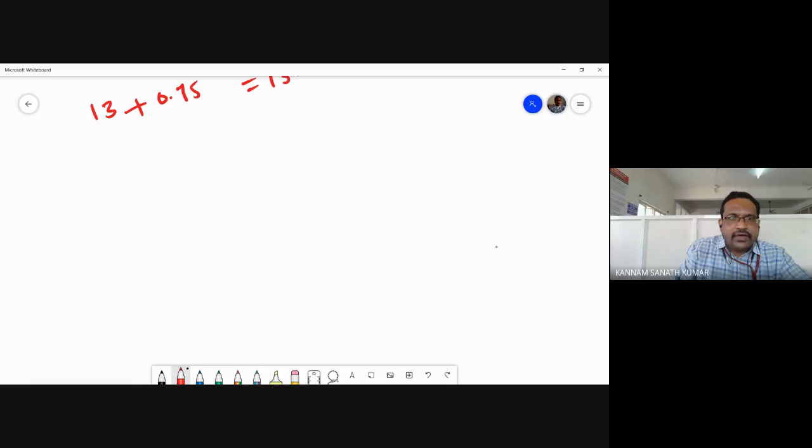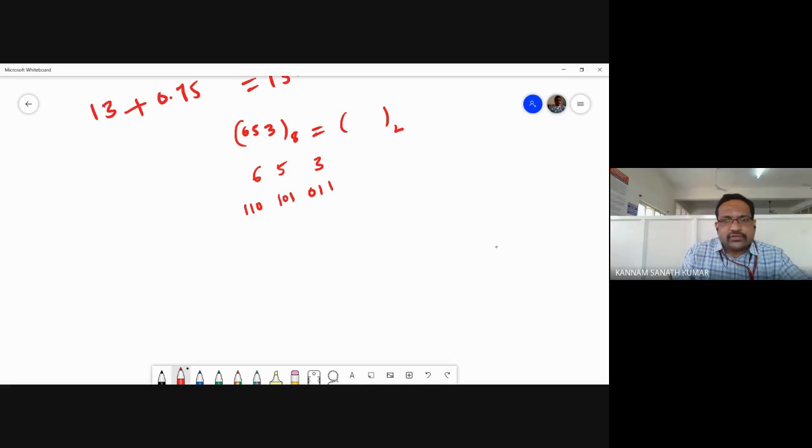Suppose he has given 653. You need to convert it into binary. So here 6, 5 and 3. If you convert 3 into binary, what is the value? 011, and 5 is 101, and 6 is 110. Okay, so this is how you need to convert into binary.